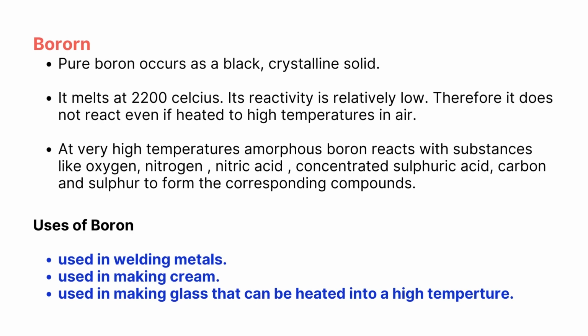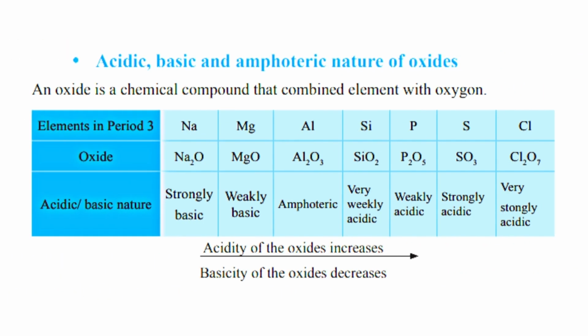Now let's look at the acidic, basic, and amphoteric nature of oxides. An oxide is a chemical compound that combines an element with oxygen. If you look at this table, you can identify that the acidity of the oxides increases across the periodic table, and the basicity of the oxides decreases. Sodium oxide is strongly basic, then magnesium oxide is weakly basic.